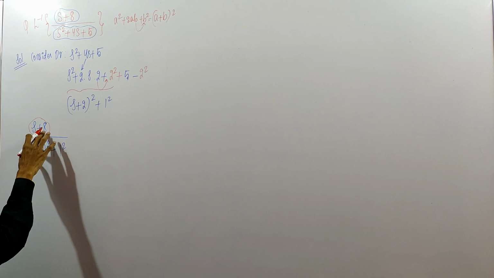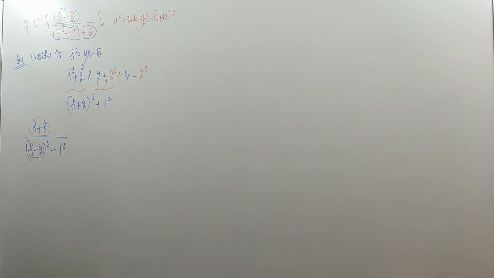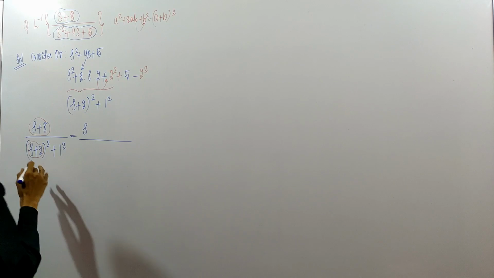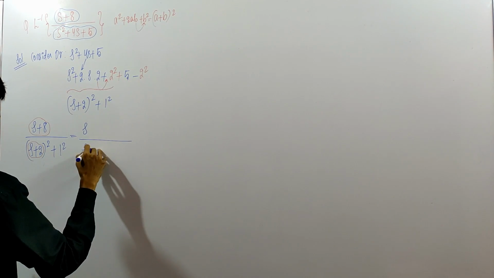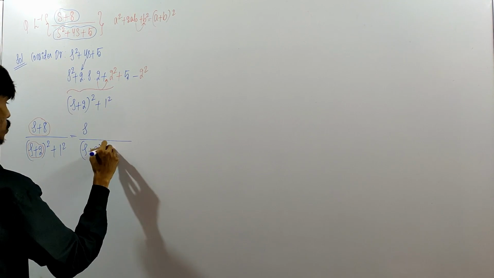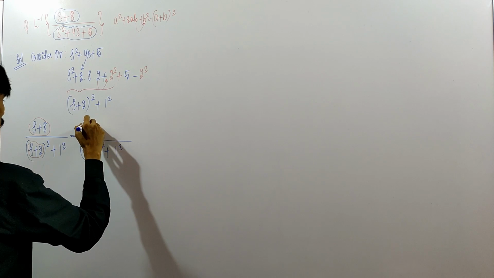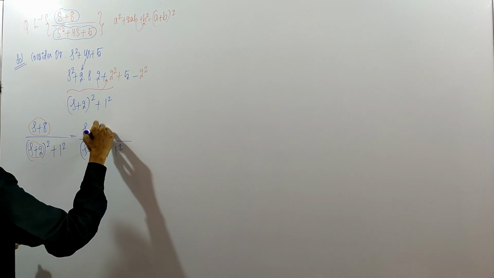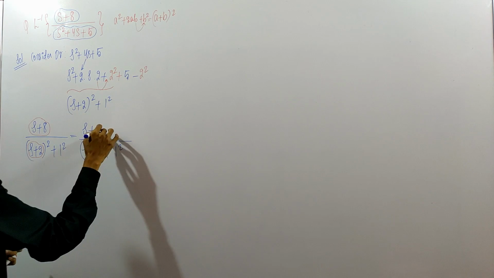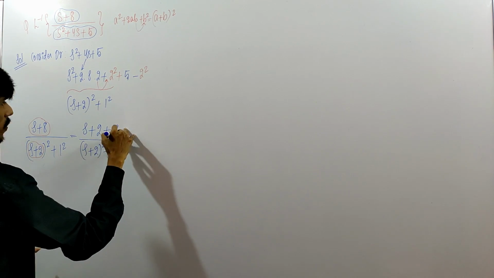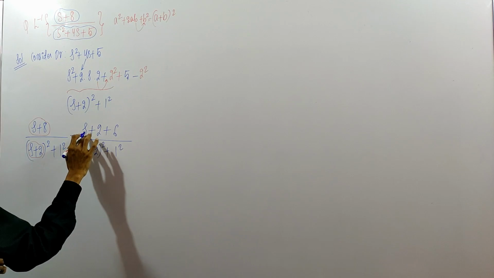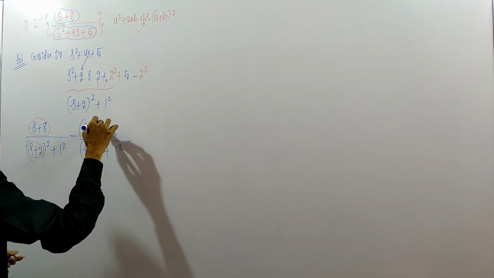Here we have 8 but we want 2. So we will modify this. First of all, write down the denominator s plus 2 square plus 1 square. Here we have s plus 2, so I will take 2. Here we have 8, so I will write down 6, so that it is s plus 8 only.